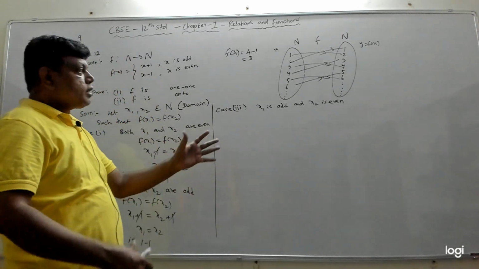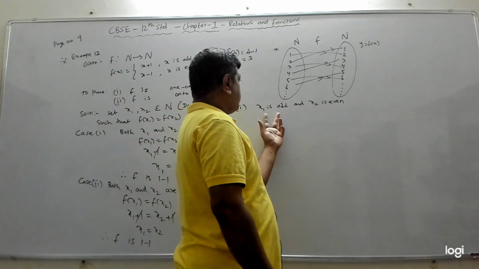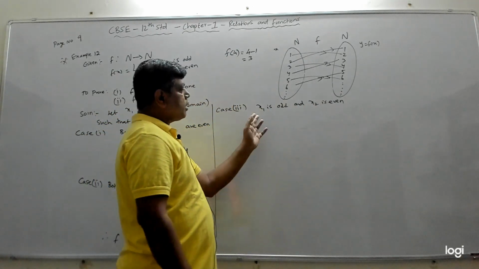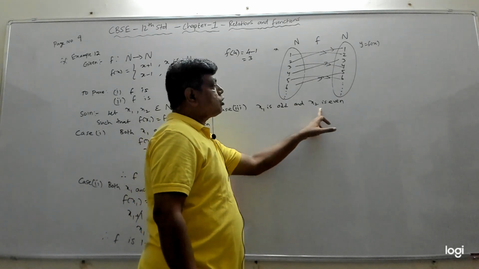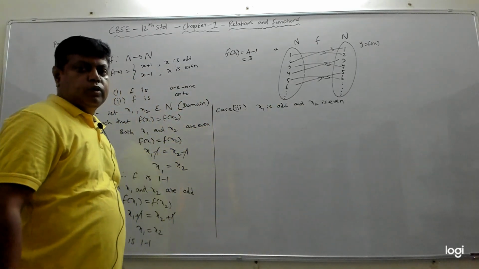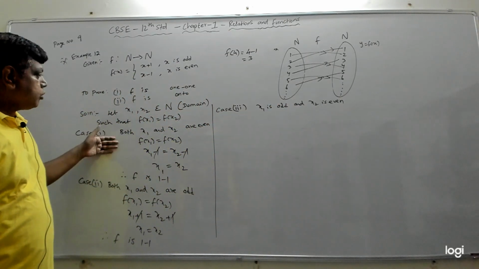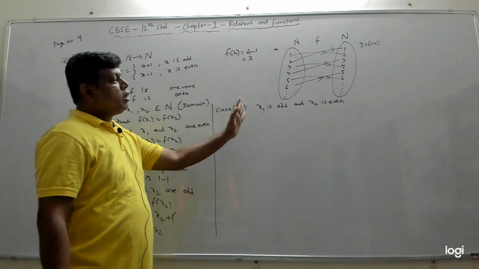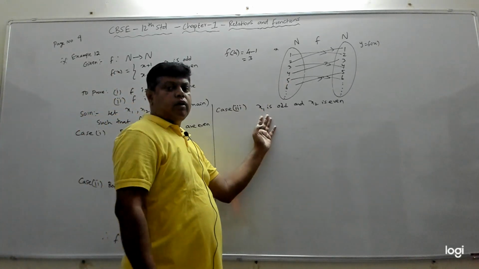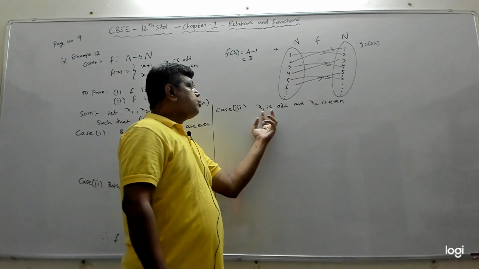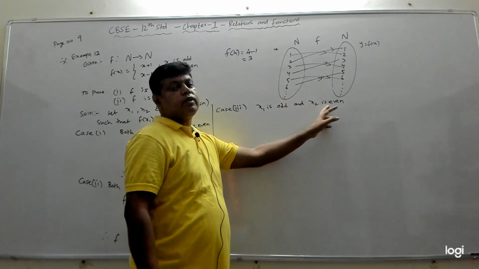Right? So both the cases are covered here. There are only 3 cases net to net: both are even, both are odd, or one is odd and the other one is even. You can take x1 as odd or x2 as odd. If you take x2 as odd, you have to put x1 as even.